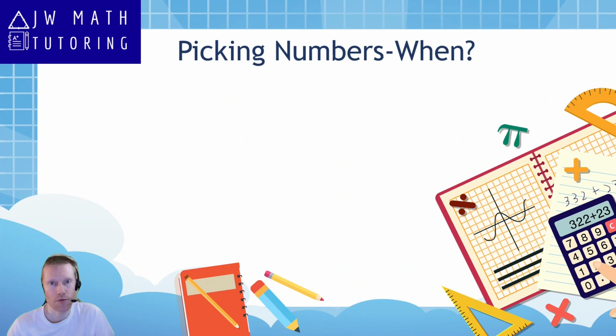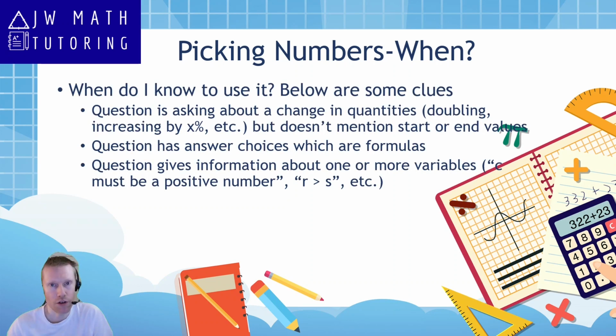Now, what types of problems are you going to look for to use this strategy? There are a couple of clues or keywords that you can look for in problems to determine that picking numbers would be a good strategy. The first is a problem that's talking about a change in some type of quantity, so maybe something is doubling or increasing by X percent or decreasing by Y percent, but it doesn't mention starting or ending values, or the change in the quantity is not mentioned with a specific value.